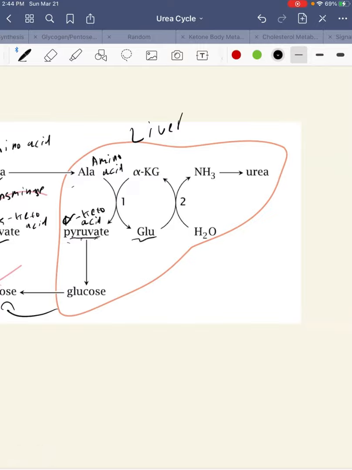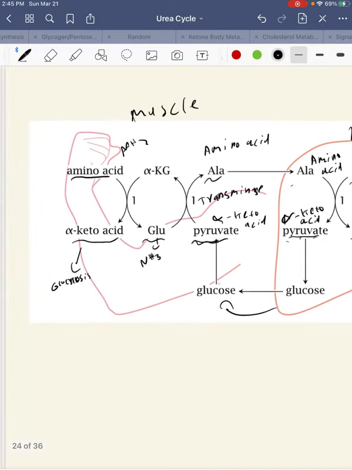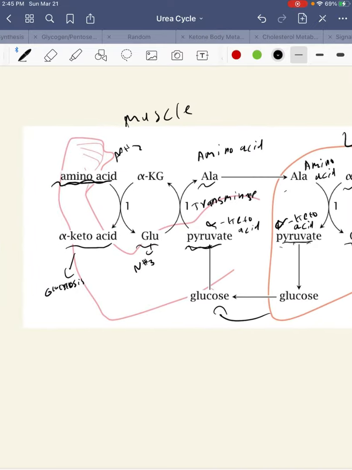So once we make this pyruvate, that's where this pyruvate ends up. We make glutamate. Then this glutamate can run through glutamate dehydrogenase. So remember, glutamate dehydrogenase, that's the one in the urea cycle. We convert the alpha-ketoglutarate back, and then we make ammonia, and then you have carbamyl phosphate synthetase, and then we go through the urea cycle, and then eventually we make urea to be excreted. So the whole reason we did all of this is we can use amino acids in the muscle.